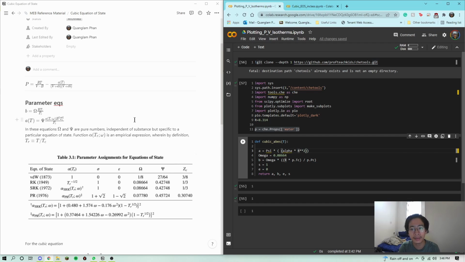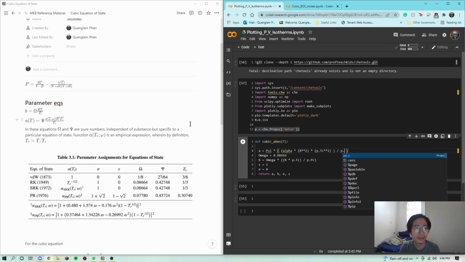Let's throw in some parentheses. R squared times P dot TC squared. Throw that in parentheses too. Match up our parentheses. We're A-okay. Everything in here is our numerator. Divided by P dot PC.